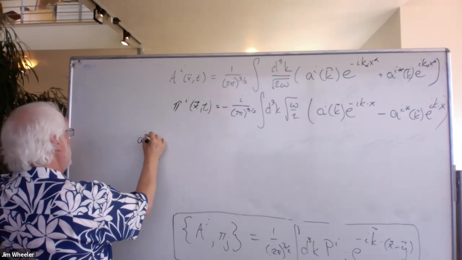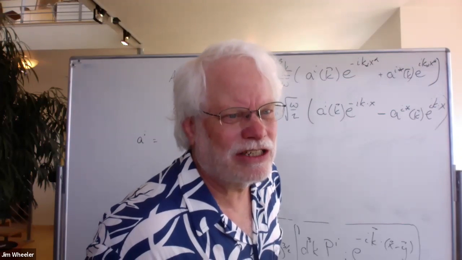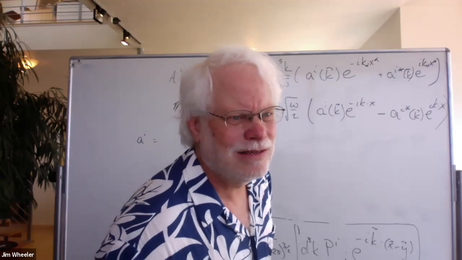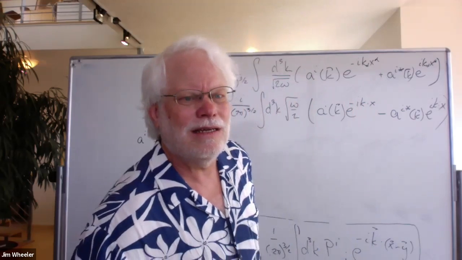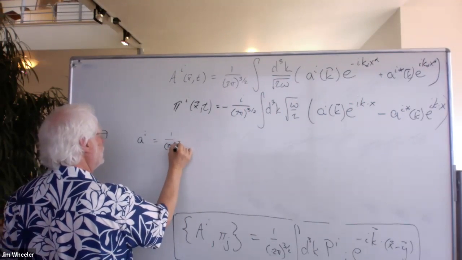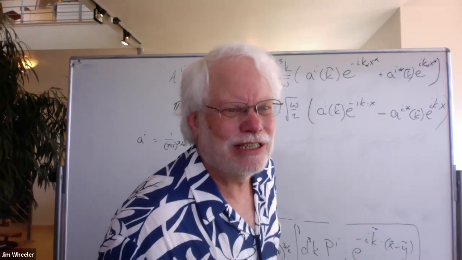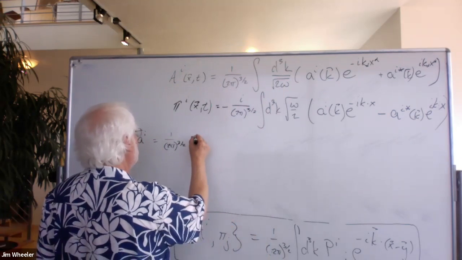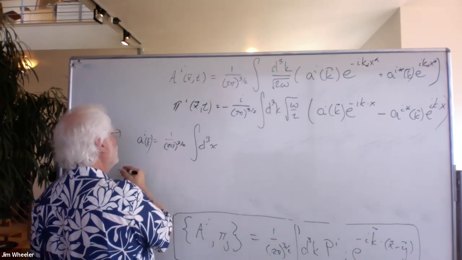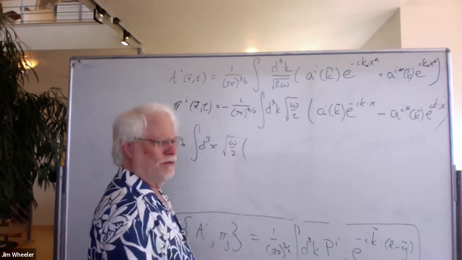So ai ends up being, so here's the answer to your exercise. 1 over 2 pi to the 3/2. We may get in trouble with my normalization. I think a lot of books use a different one. So d3x, this is a function of k of omega over 2.